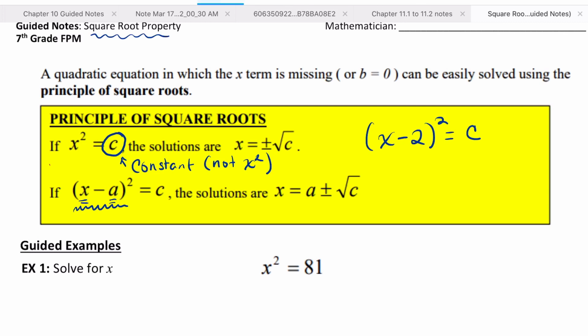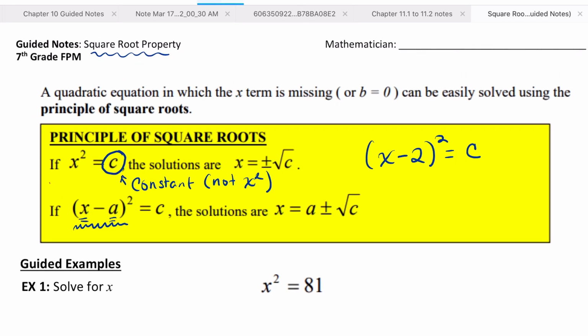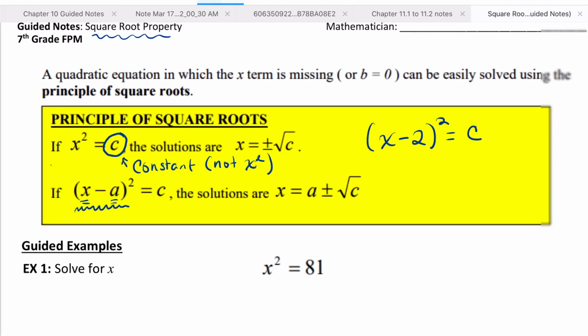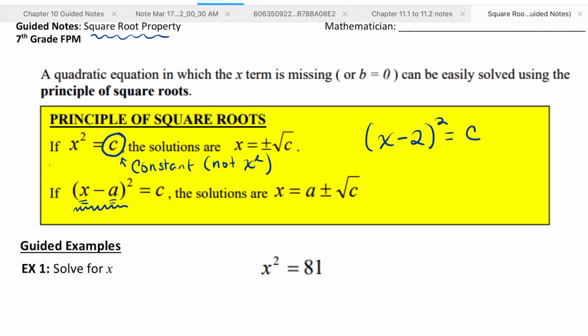And for our purposes today, we want to make sure that the constant is positive. I'm not going to have any examples where the constant is negative when you solve these, but that is plausible. You can have that happen.